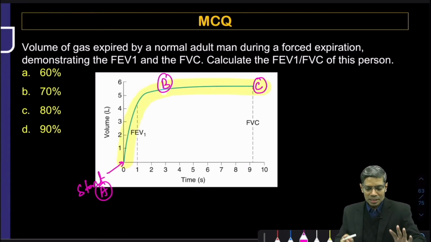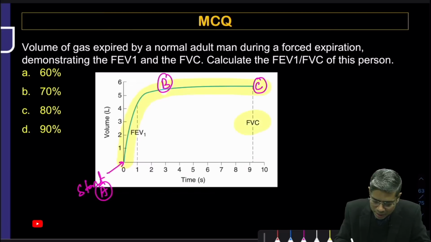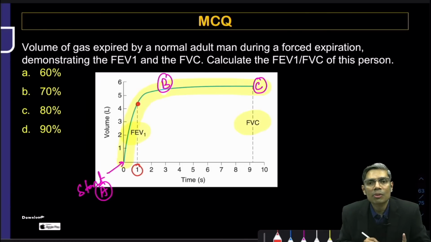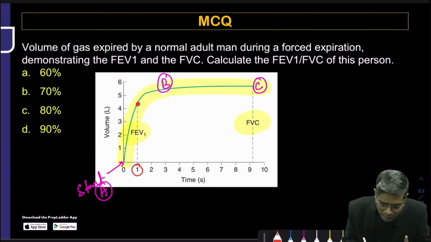So during expiration the maximum air that you expire is known as the forced vital capacity, and within 1 second, look at this 1 second point, within 1 second the volume that you expire, that is the FEV1. So what I have to do, I have to drop a perpendicular from this FEV1 and drop a perpendicular from this FVC point.